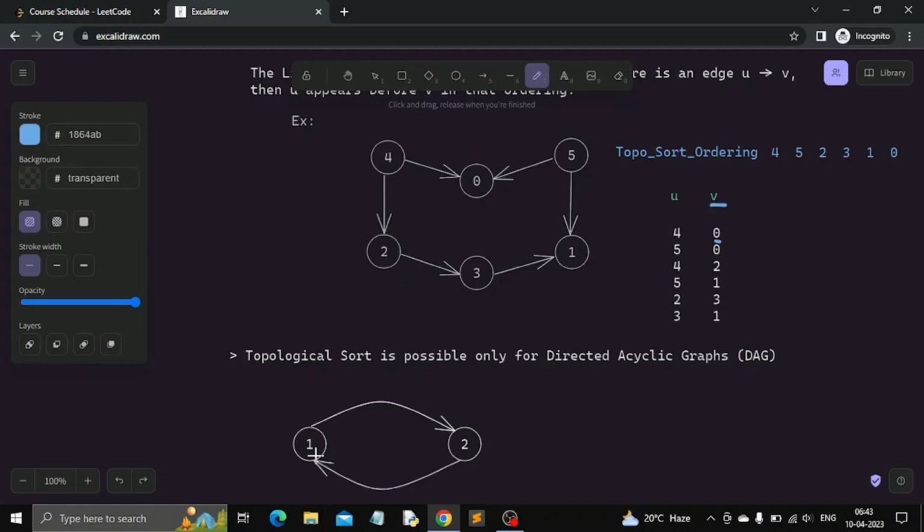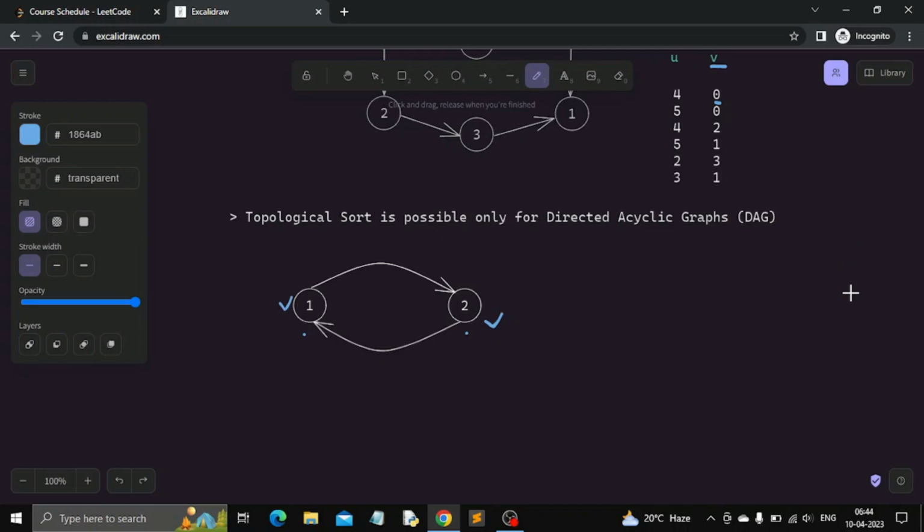It means that in order to complete node 2, we need to reach node 1, but at the same time, in order to complete node 1, we first need to complete node 2, right? Like we discussed before. So because of this cycle, we are not able to come up with any valid ordering, and hence topological sort is not possible here. So you must keep this in mind.